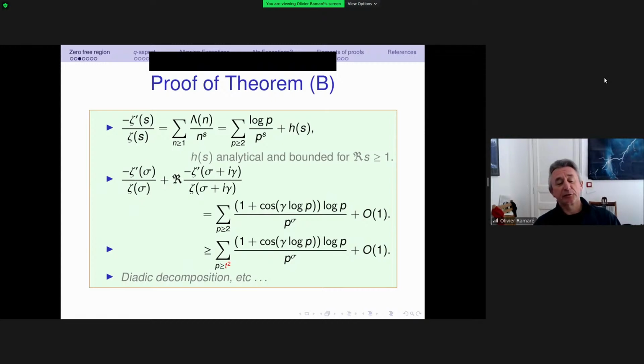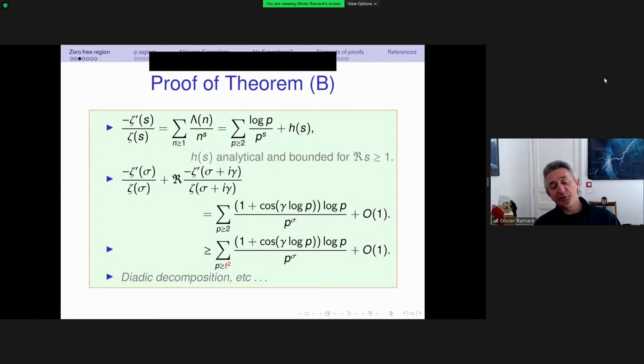And then the Dirichlet series differs from the sum of log p by p^s by only an analytic and bounded function. But in fact, since Λ(n) is non-negative, you can even keep it. So when you look at the quantity we want to consider, which is minus ζ'/ζ plus the real part of minus ζ'/ζ in σ plus iγ, well, look at what you get.